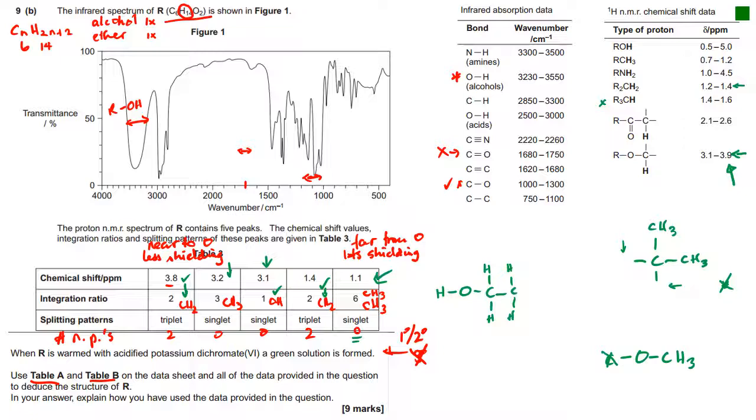Now we've looked at all the bits of data in the table of our NMR spectrum, and the last thing that remains to do is to fit these three parts of the molecule together. It's difficult to explain in words, but going back to the two CH3 groups with a singlet of 0, so attached to no neighbouring protons, I think you can see from that bit of data and this bit of data that this group here has to fit onto that group there.